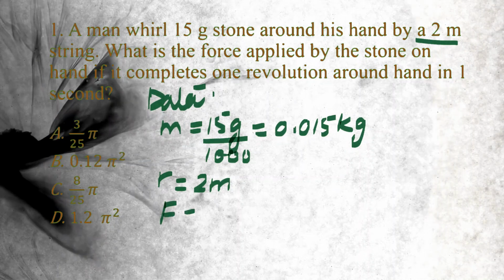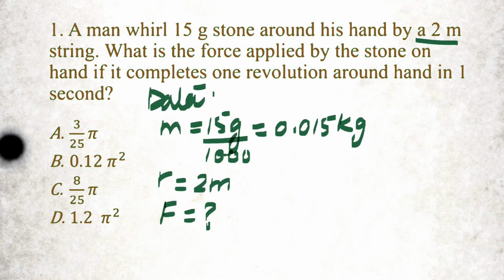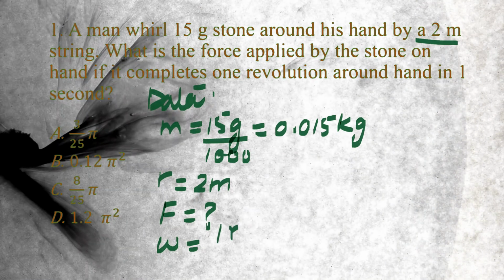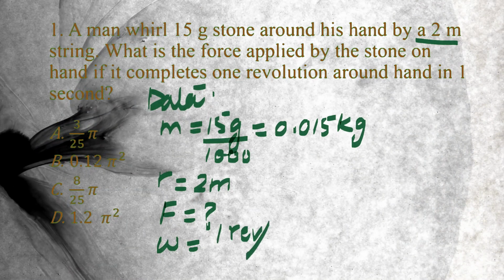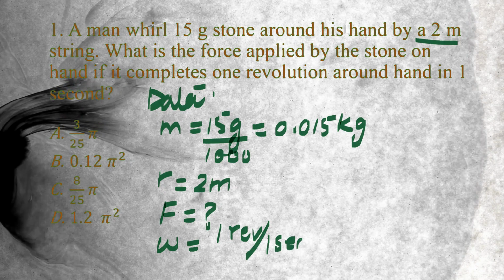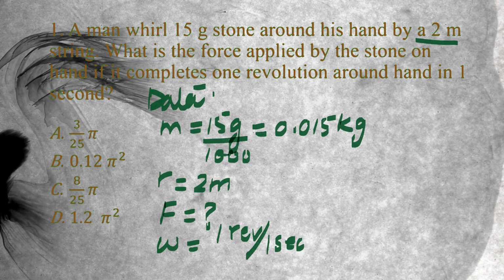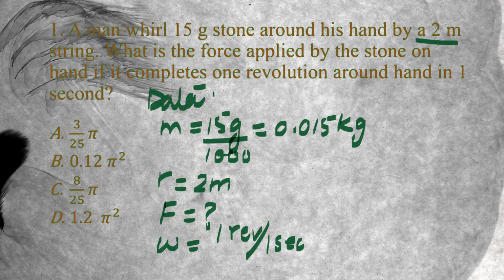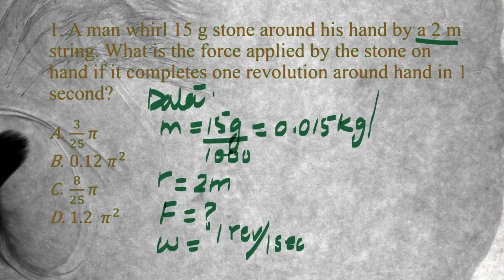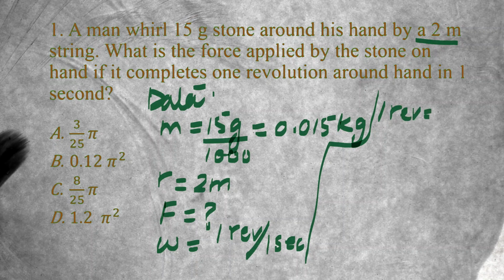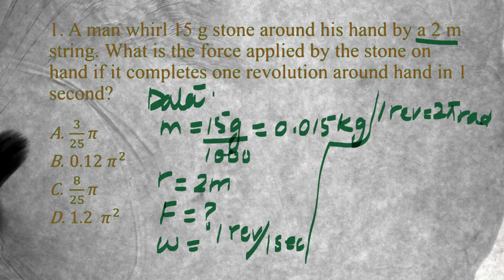So you have to calculate force, and one more thing that is given is the angular speed, that 1 revolution is covered in 1 second. We know that revolution per second is not an SI unit, so we need to convert it into radian per second. We also know that 1 revolution is equivalent to 2 pi radian.